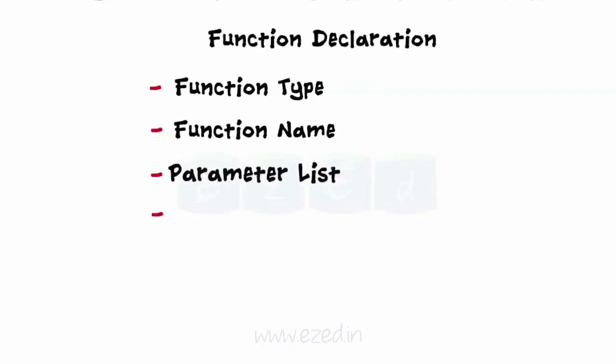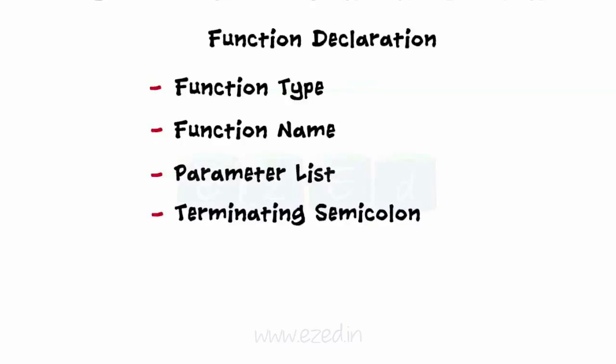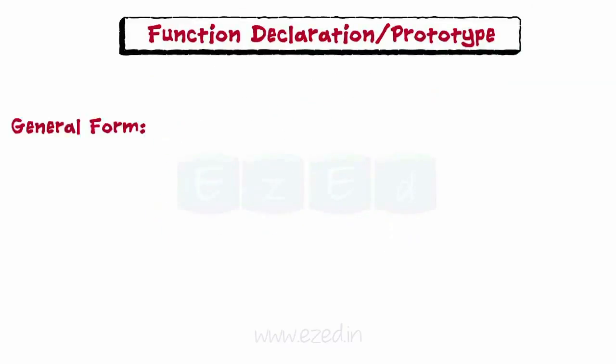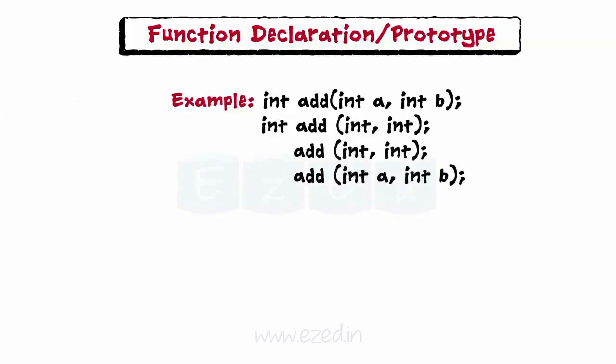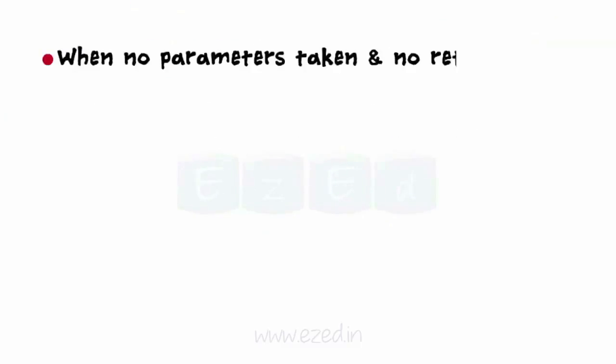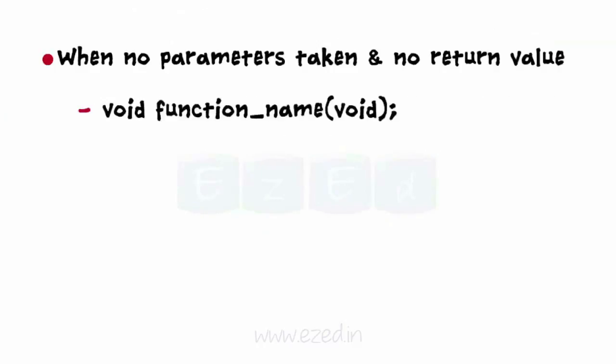A function declaration, or function prototype, consists of four parts: function type, function name, parameter list, and terminating semicolon. This is the general form. This line is very similar to the function header except for the terminating semicolon. Equally acceptable forms are, when a function does not take any parameters and does not return any value, this is its prototype.